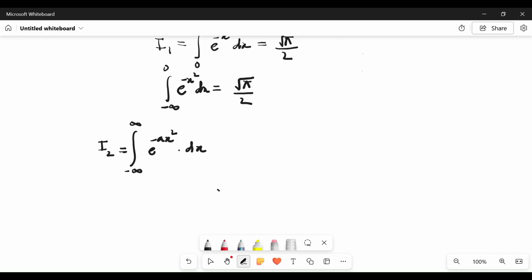Just take root a into x as some t, so that a x square will become t square and dx will become dt by root a.